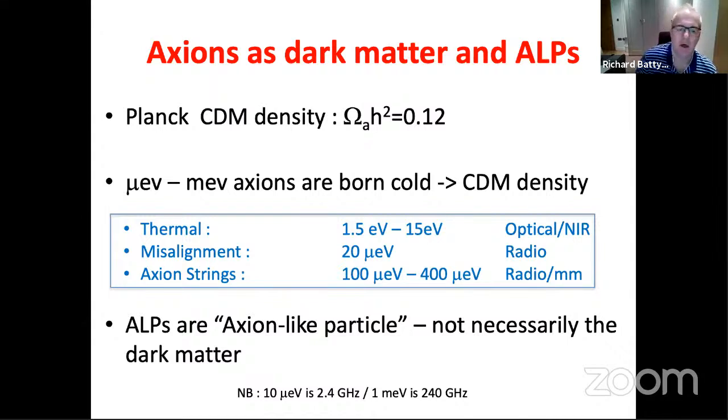There are 3 possible ways of creating this. One is thermal production, which leads to eV scale axions, which would be detected in the optical near infrared. There's so-called misalignment production, which predicts axions around 20 micro eV, which is the radio wavelength, which I'll talk about in a second. And there's the possibility of creating them due to the decay of axion strings, around 100 to 400 micro eV, which is the radio millimeter waveband.